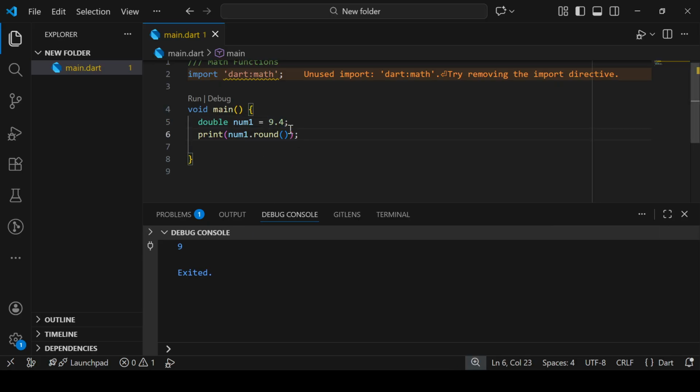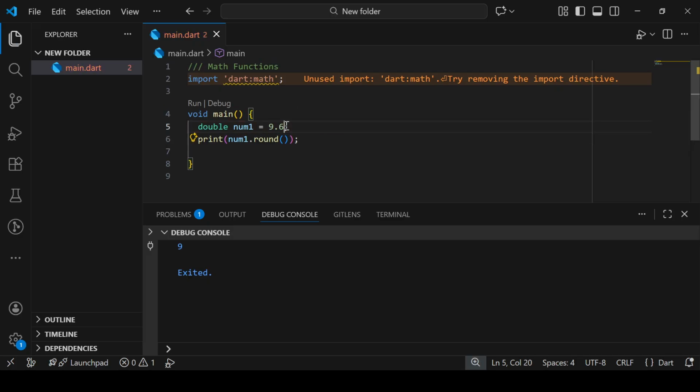Okay, if I write here 6, now you can see that 10 is printed. So this converts the floating point value to the nearest whole number. So you can use round also.